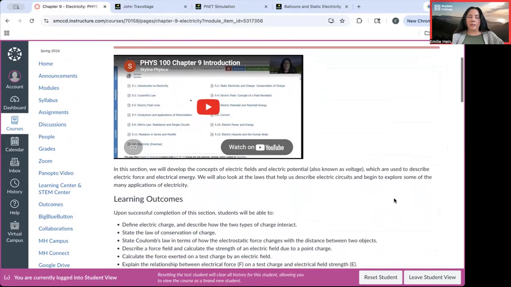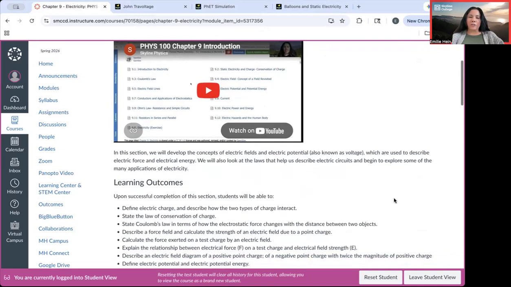starting with essentially where it all comes from, with the concept of electric charge. And so it's one more thing that we're going to be able to use to describe an object. So just like we've used the mass of an object, we can also assign it an electric charge.